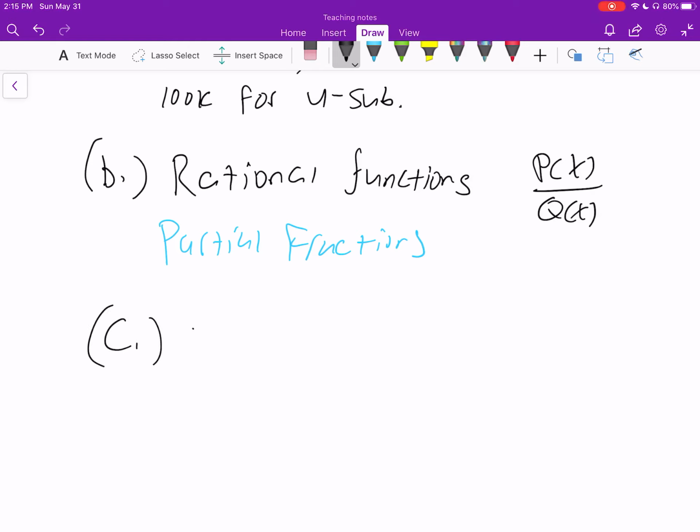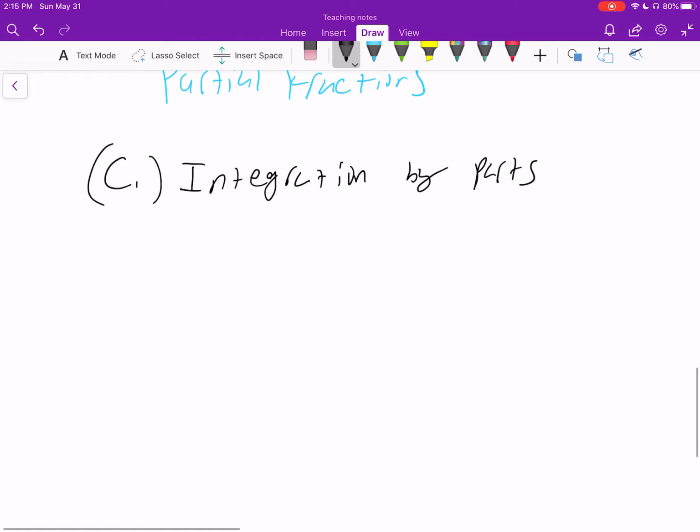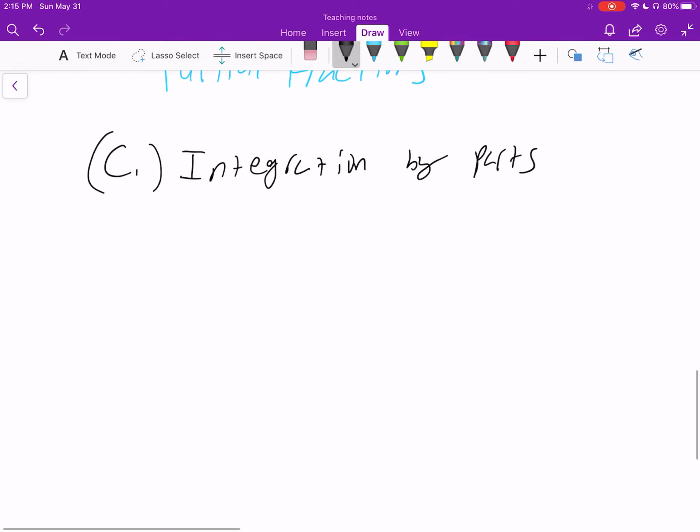C is, is it an integration by parts? And for this one, what you're looking for, there are a couple different forms. I'm going to write them in black. So you could have something like x cubed e to the x. And the point of this one is if I differentiate x cubed enough times, then it'll go away, it'll disappear.